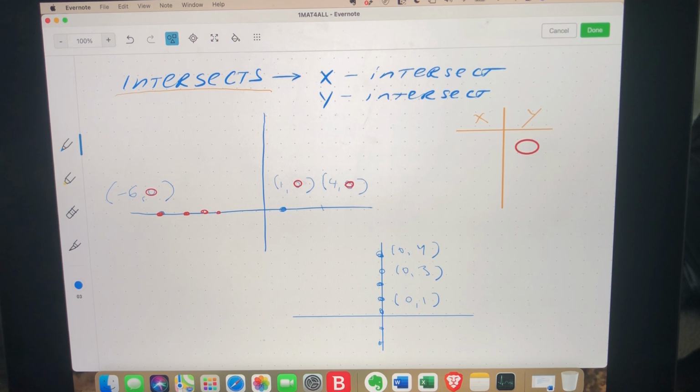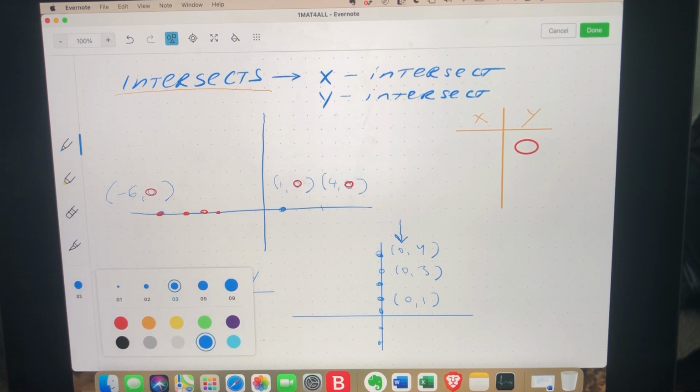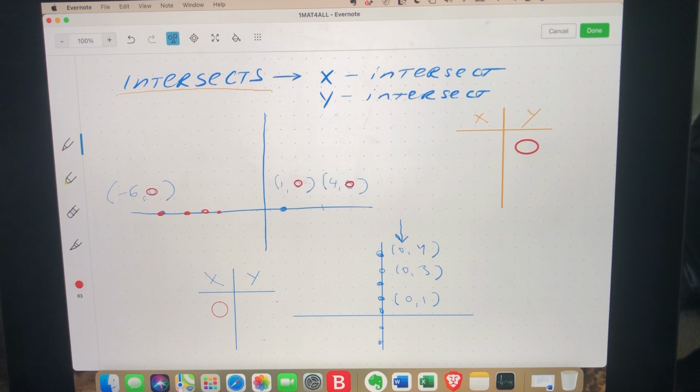But every single one of these points has 0 for the x coordinate. And that's how we find the y-intercept. So here is x, here is y. To find the y-intercept, the x number must be 0. So this is the process.